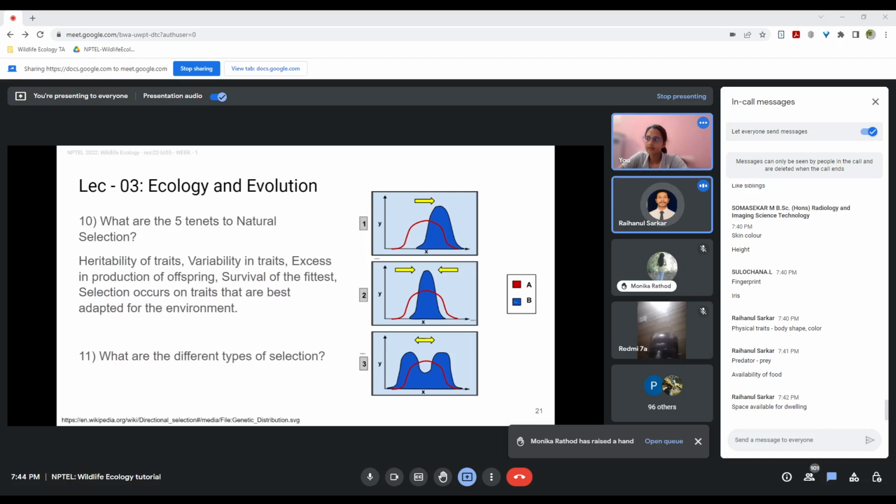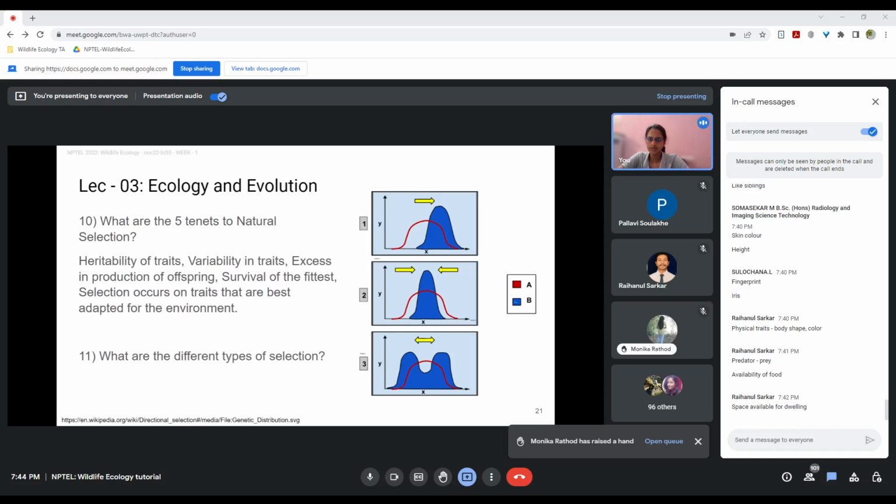All right. So what is the other kind of selection that is happening in panel 2? Any guesses?